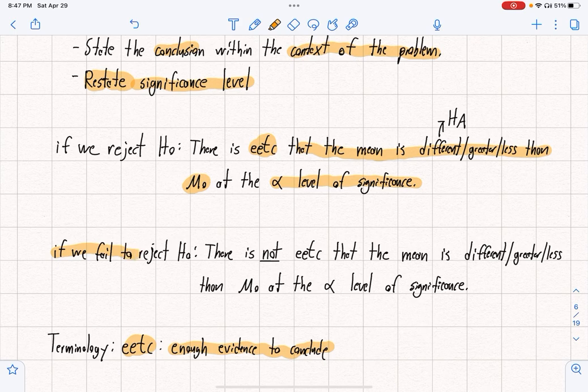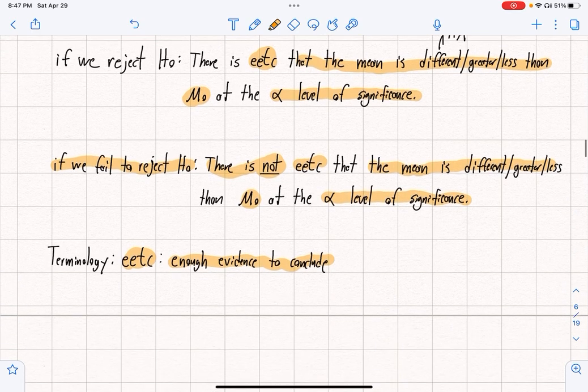This wording comes from the alternative hypothesis. However, if we fail to reject H naught, then we would say there is not enough evidence to conclude that the mean is different than, greater than, or less than mu naught at the alpha level of significance.